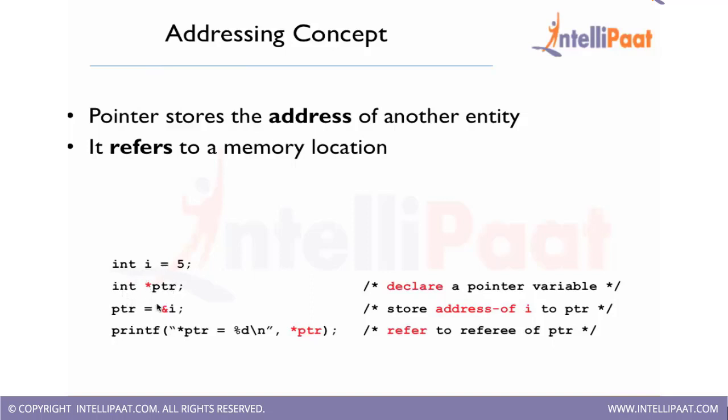So if I am using star ptr, that means I want the value that ptr points to. If I am saying ampersand I, I am saying it as the address of I, whatever it is.